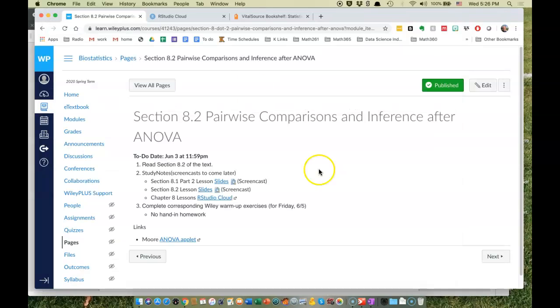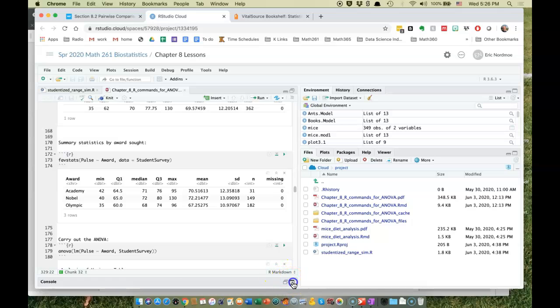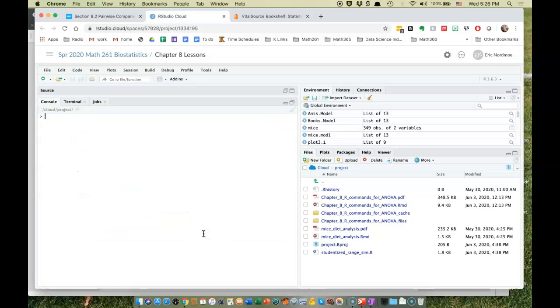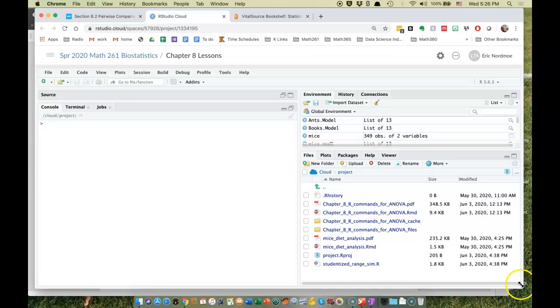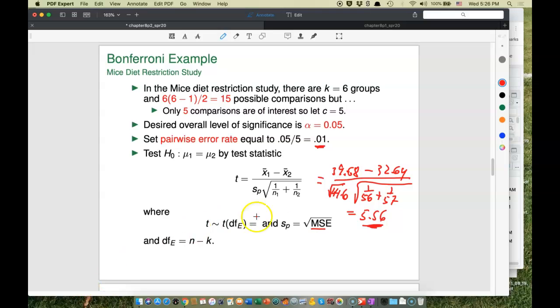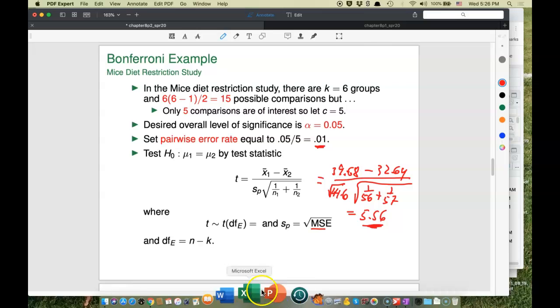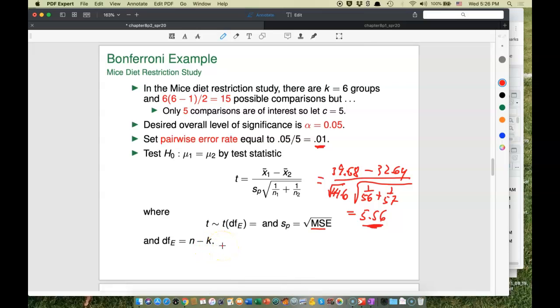So if we go over to R and we find our command line, we can just go ahead and do that. Okay. So what do we want to do? We want to take 1 minus pt, to get the probability in the upper tail for 5.56, and the degrees of freedom was n minus k, so that was 349 minus 6, so that was 343.